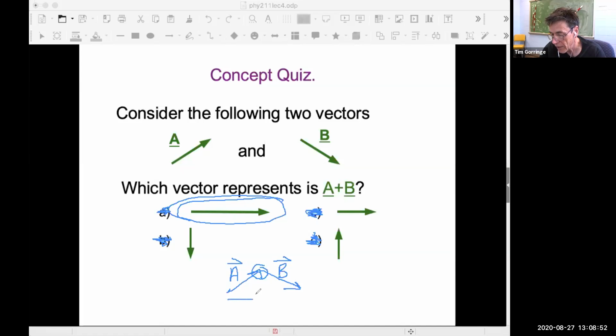Then the resulting vector runs from the toes of the first vector A to the tip of the second vector B. So this one that goes horizontally from left to right is A plus B. I'm just showing you another notation for vectors where you put a little arrow on the head of the letters representing the vectors. Okay, so let's move on.